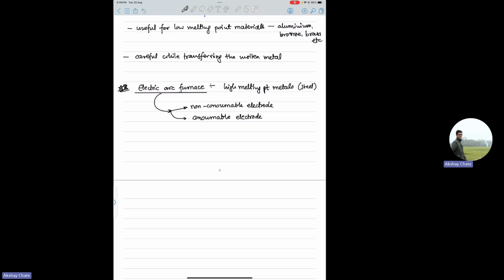So I hope you guys know the principle behind electric arc furnace. It is the same principle which is used in our starters, bike starters or car starters. Whenever you have electrodes not connected, but the distance between them is very small, and you apply high voltage across those electrodes, the air between the electrodes gets ionized, and there is a large amount of energy released in a very short span of time, which typically causes sparks.